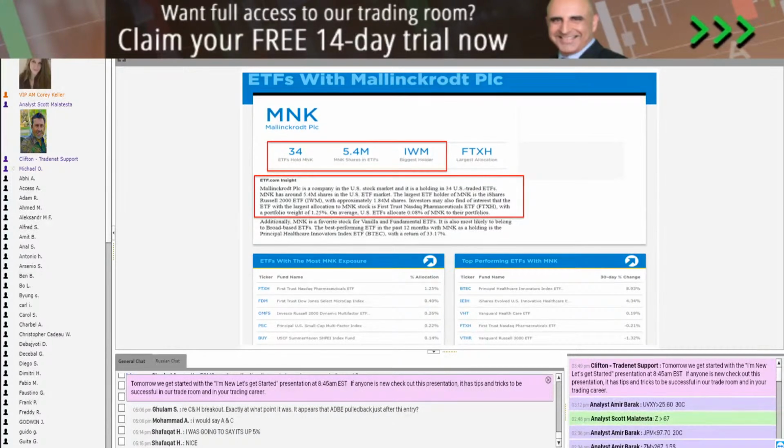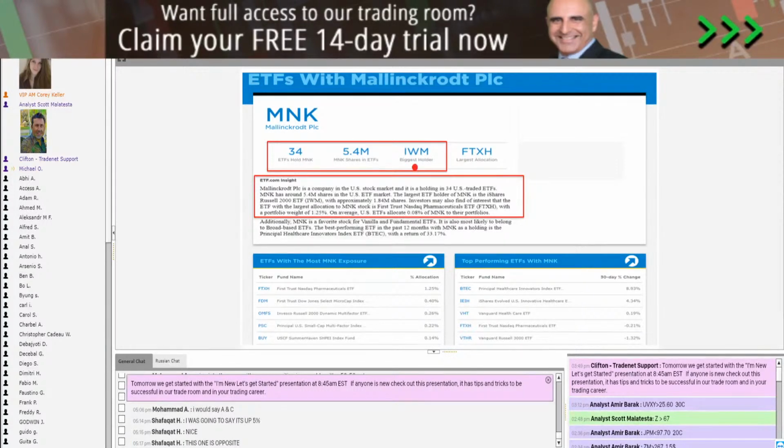Remember what we said about Adobe? Strength, a strong, amazing daily chart, strong on any time frame. Many ETFs are using it. And now we're talking about this stock. Sorry, 34 ETFs are holding.